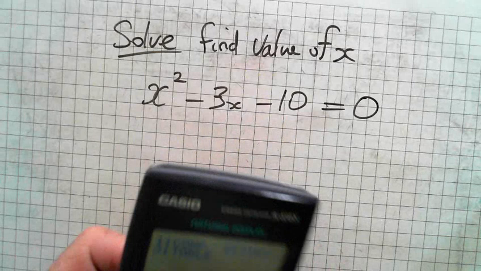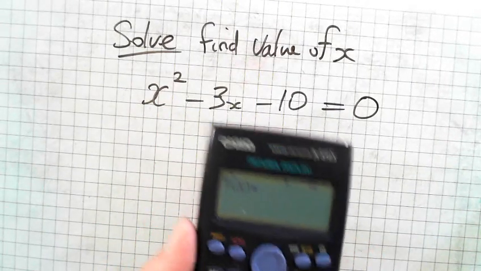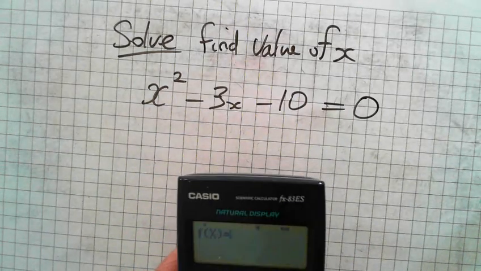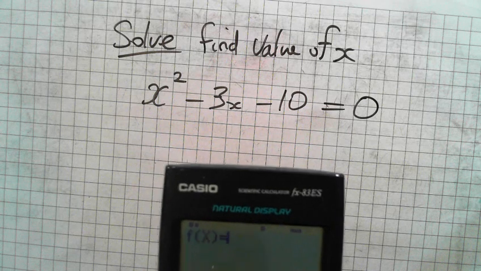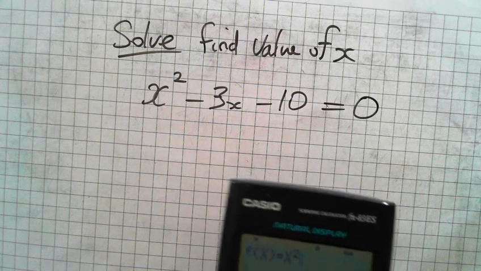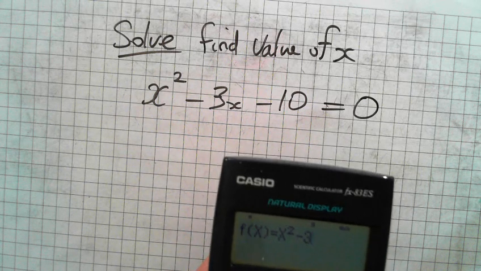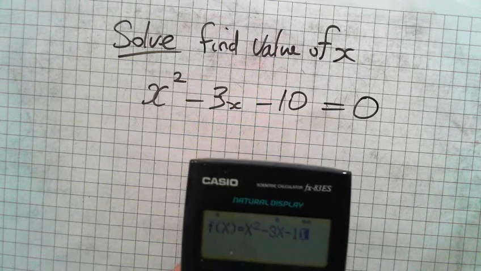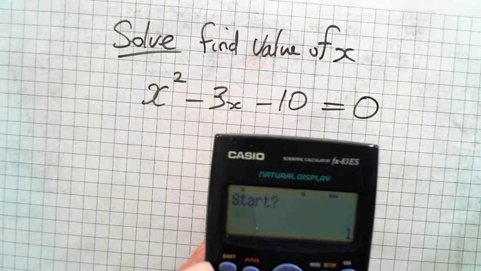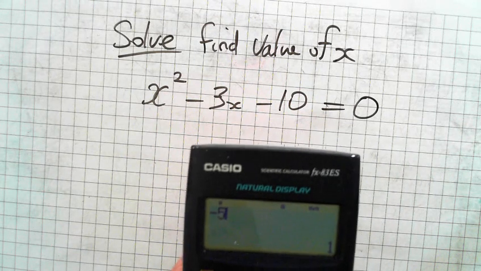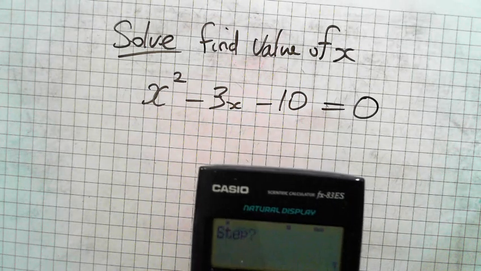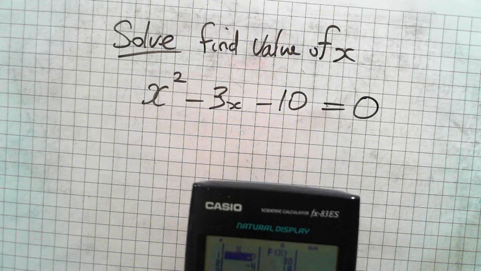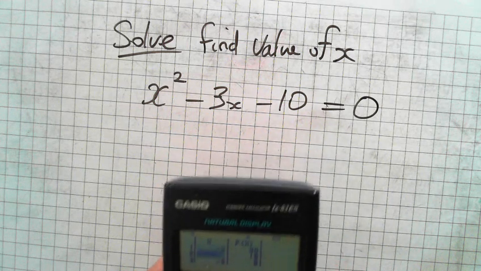Do setup, 3 for table, and hit alpha x squared minus 3 alpha x minus 10. Start at minus 5, equals, end at 5, and step 1. There are all your points.